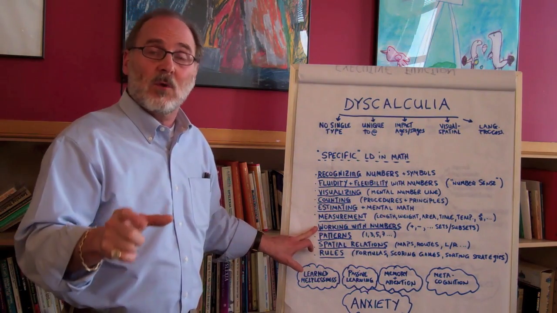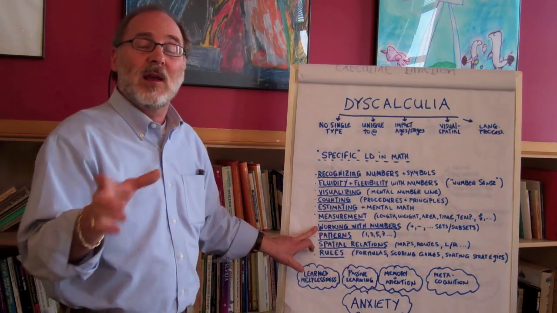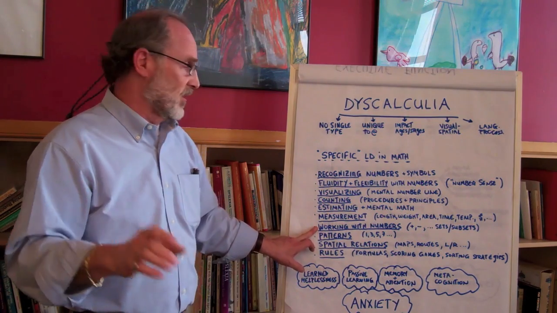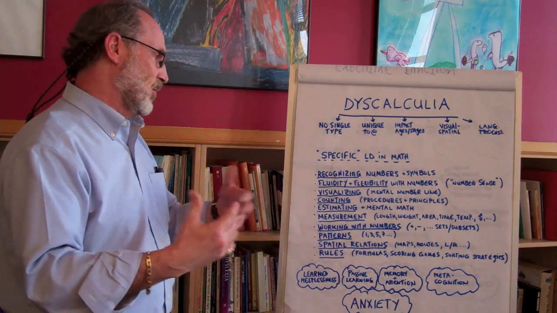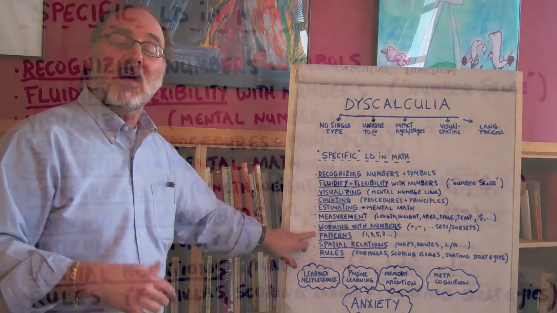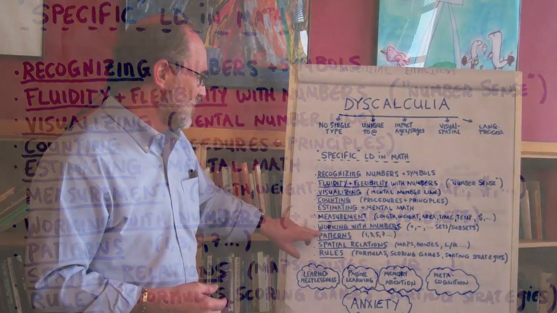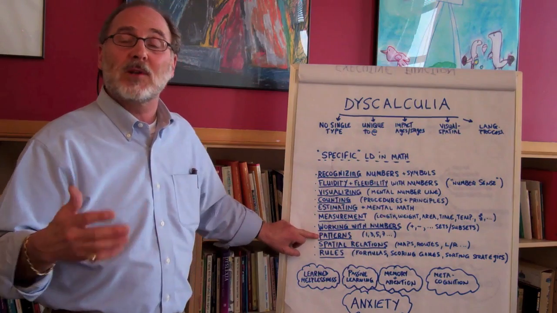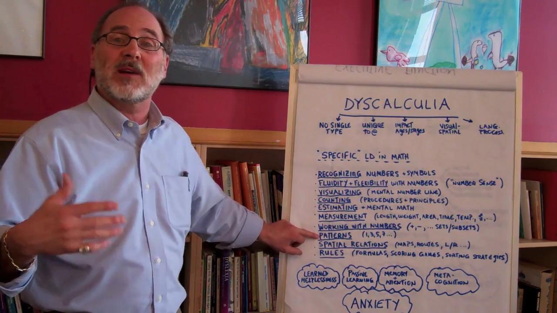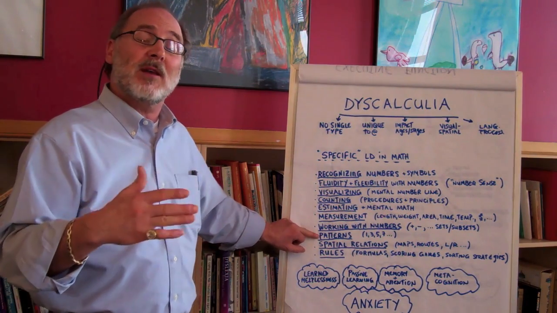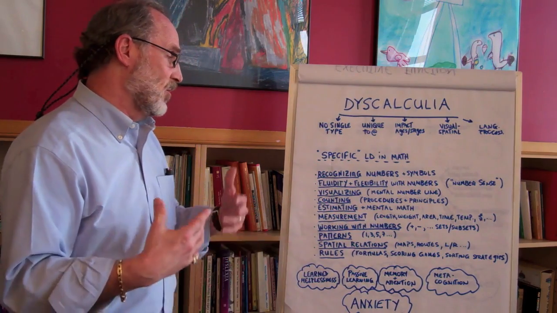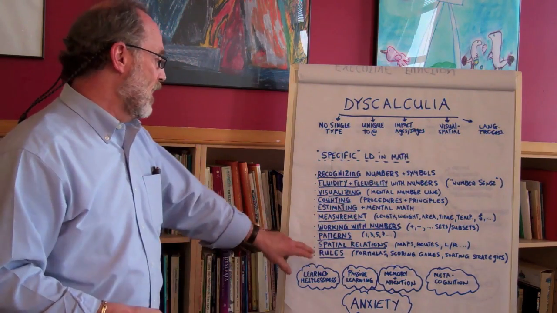So how 10s work, how 20s work, how 30s work, how groups of numbers and quantities relate to each other. Patterns are another area of weakness for many students with learning disabilities in math. So for example, the ability to count by 2s or 5s or 10s, being able to distinguish patterns in the ways that they use numbers in sequence.